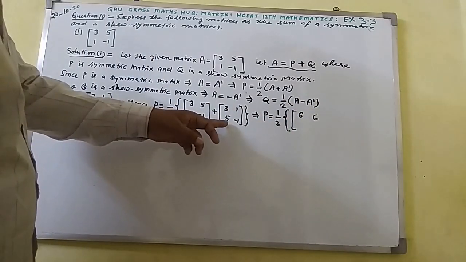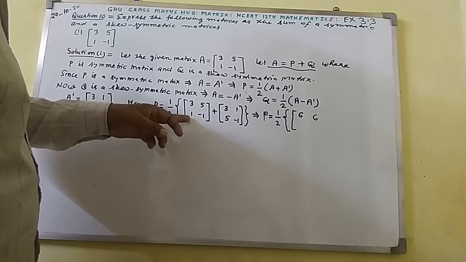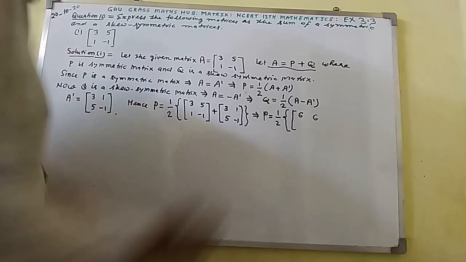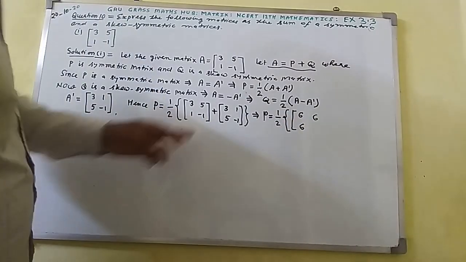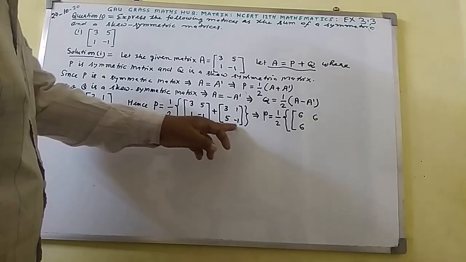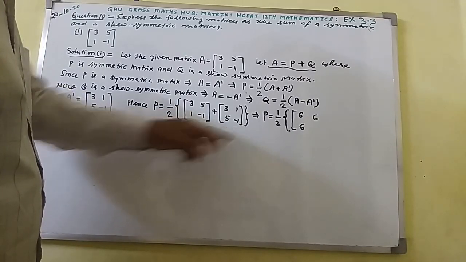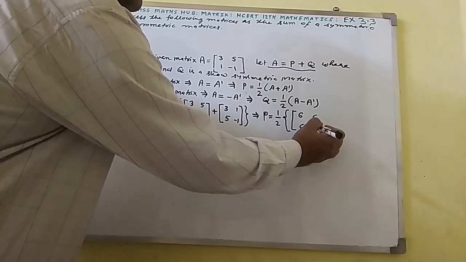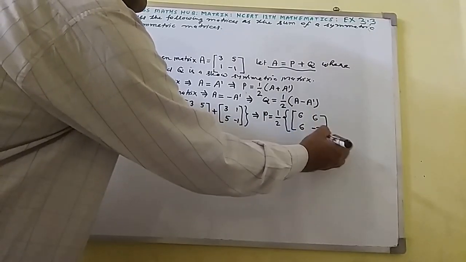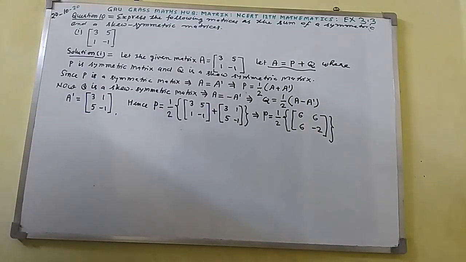And here 5 plus 1 we get 6. And here -1 and -1 will be added together, we get -2. I have performed the opening and closing of the curly bracket here.